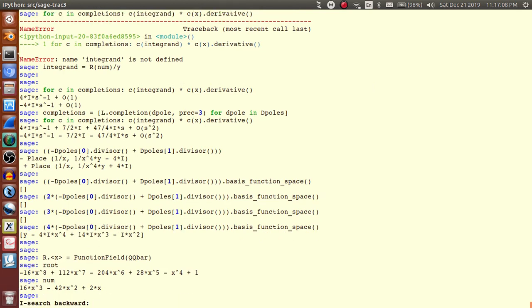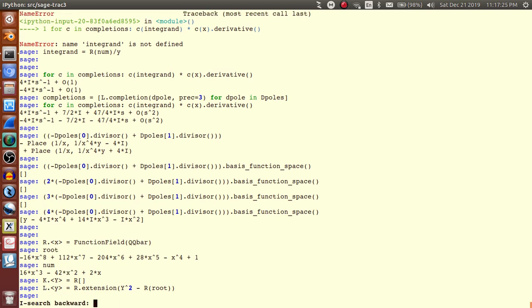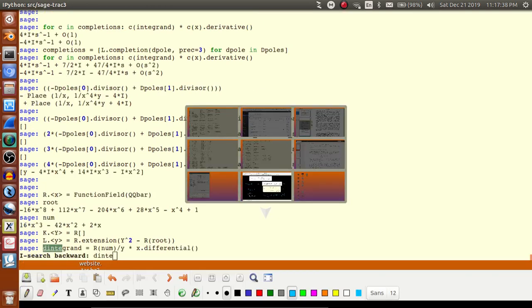So what do we do here? We construct an extension field, I call it K. We restrict by y squared minus the root, which makes y equal to the square root of the root. We define now the integrand, which is the numerator put into the correct ring R, divided by y, the root.